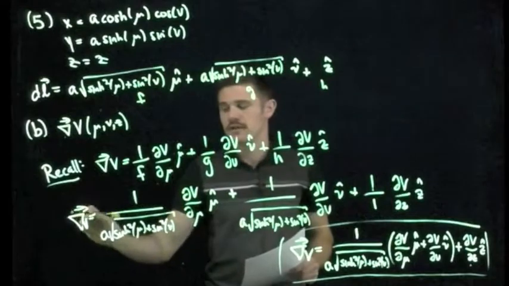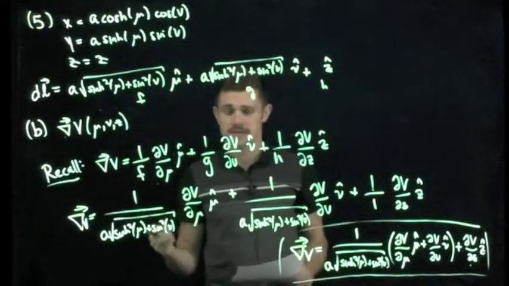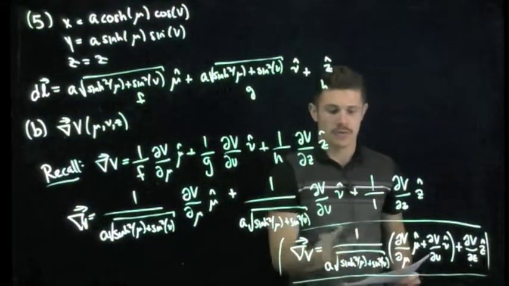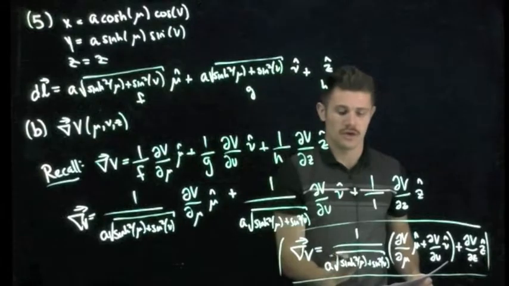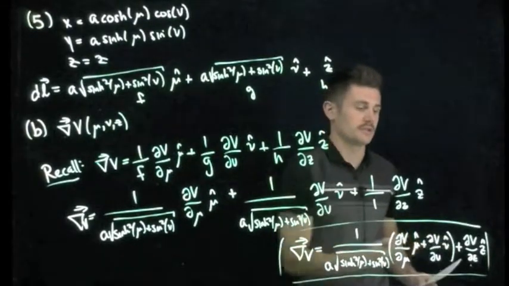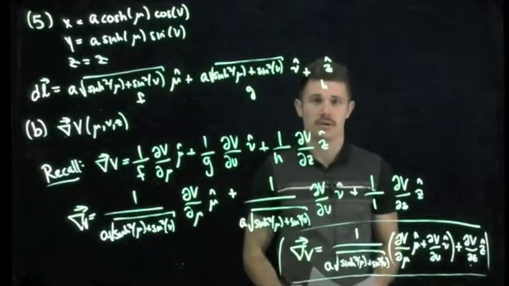And so our general gradient, we can plug all the values in. We don't know what the value of v actually is, so we can just leave it as some field v, and the main thing is getting this constant 1 over a times the square root of sinh squared μ plus sin squared ν, plus dv by dz, z hat. And this is the gradient of the vector field in this coordinate system.